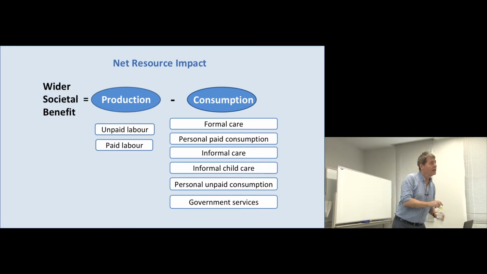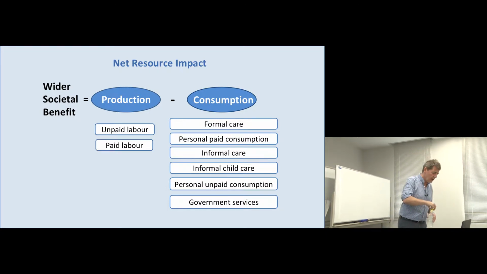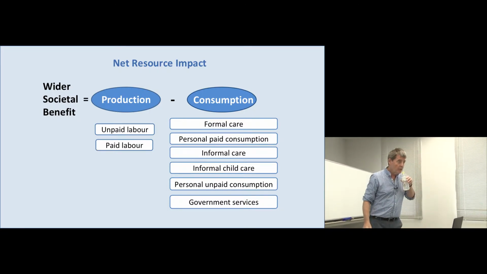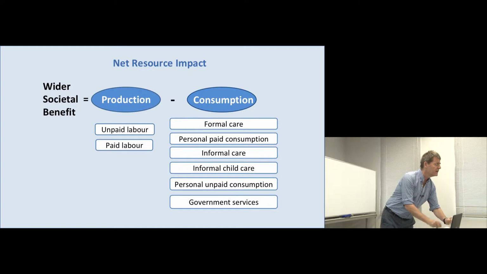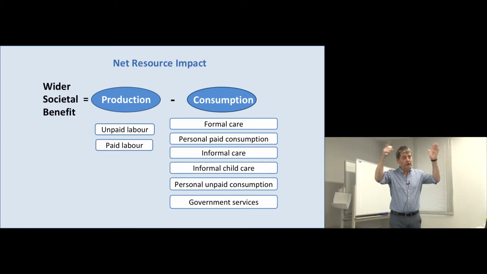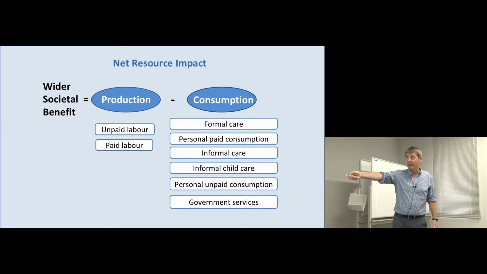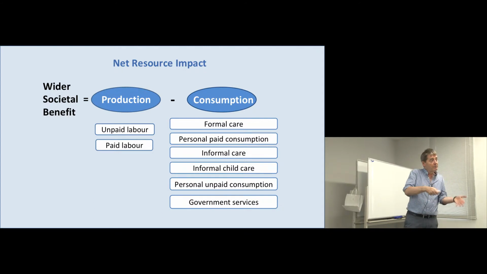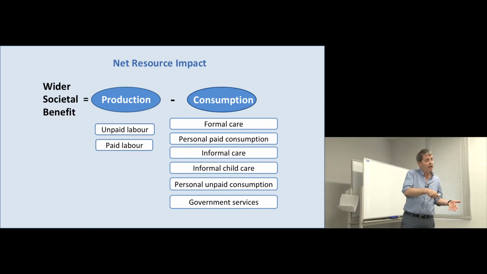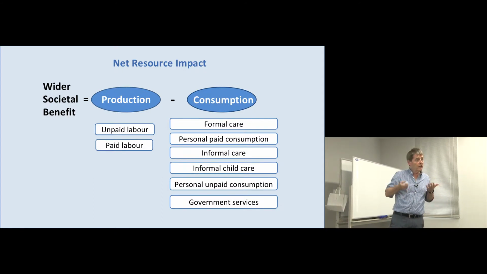It's recognising that people also produce value through unpaid labour, most obviously in the household, but also through voluntary activities as well. So it's a broad notion of production. Perhaps it's predominantly paid labour market activity, but it's also going to include unpaid labour. And the idea being that if we can improve the patient's health, their production should increase.